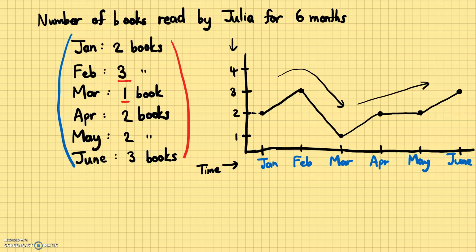So you can see the pattern of how she reads books. That's why we use line graphs. It shows us the change in data over time, and it's an easy way to see data like that. So you can draw line graphs using data like this, or given a line graph, you should know how to read the data from it.